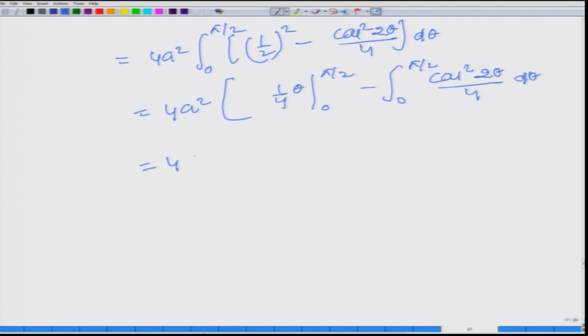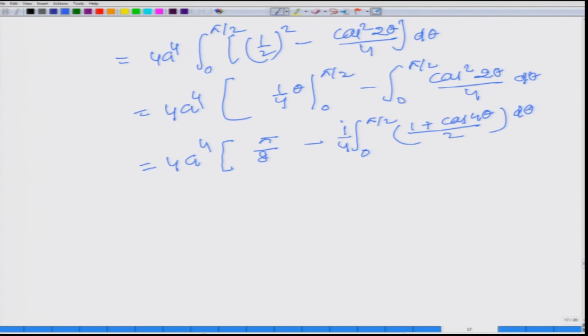So, this gives pi by 8 minus integration of cos square 2 theta, which we can write as 1 plus cos 4 theta by 2, into d theta.